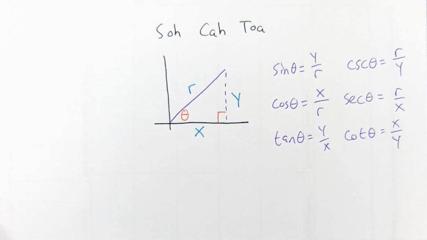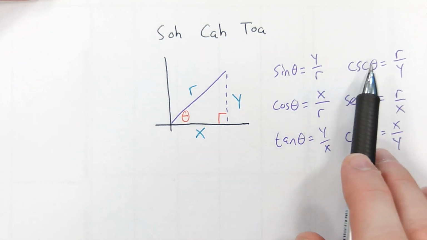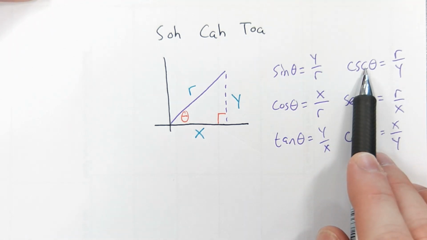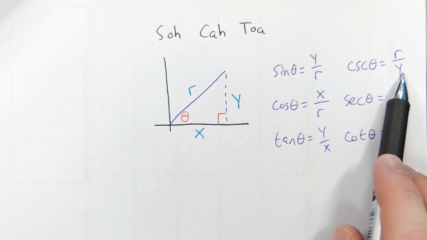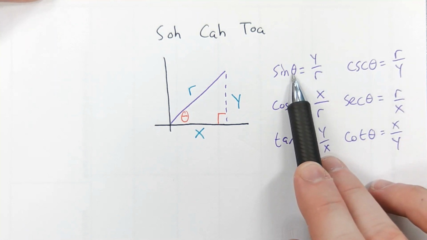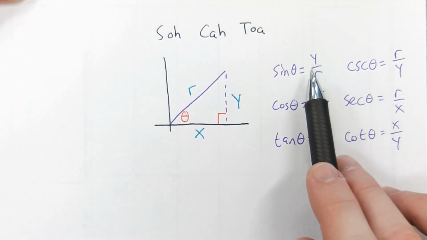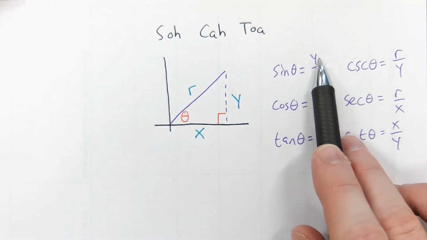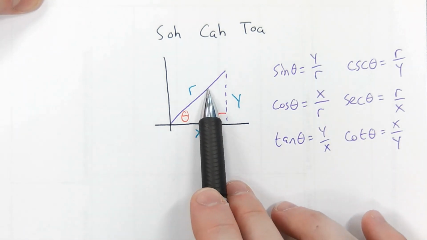But because sine and cosecant are using the letters y and r, their signs, meaning positive or negative, are always determined by the y value, because r is always positive. So if y is positive, sine, and because of it, cosecant, is positive. So where is sine positive? Where is y positive? Quadrants 1 and 2.